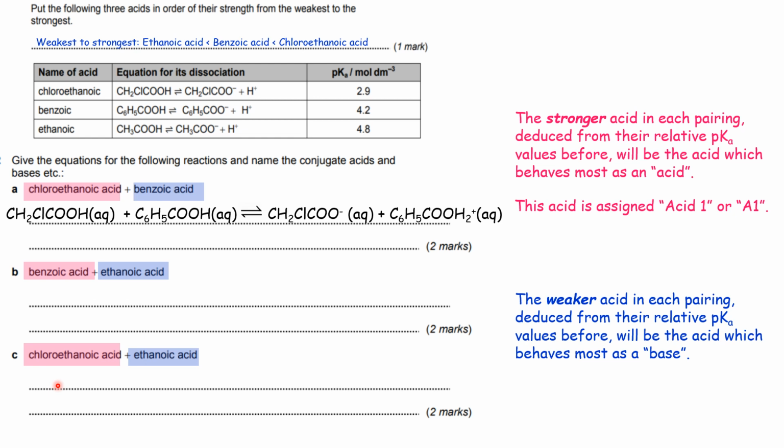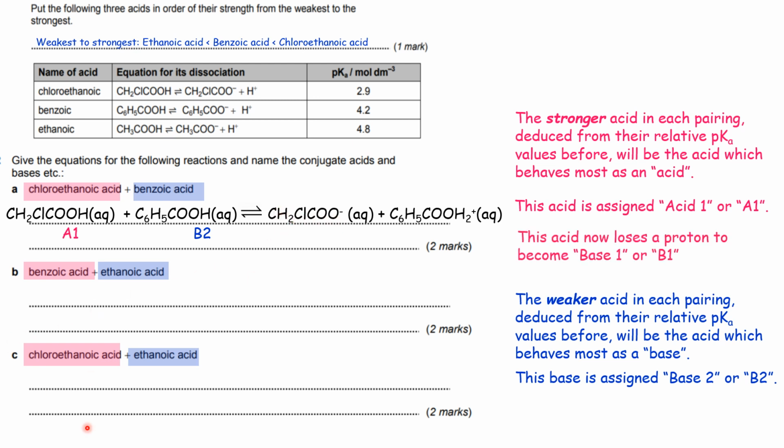Going to the weaker acid in each pairing, so with benzoic acid, for example, this is a base, so it's assigned base 2 or B2. So we write them in like that. So what we now have to do is look and see what happens to A1, to acid 1. It turns into this species, so this species must be base 1.